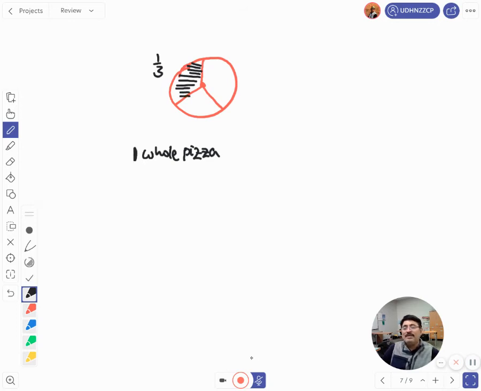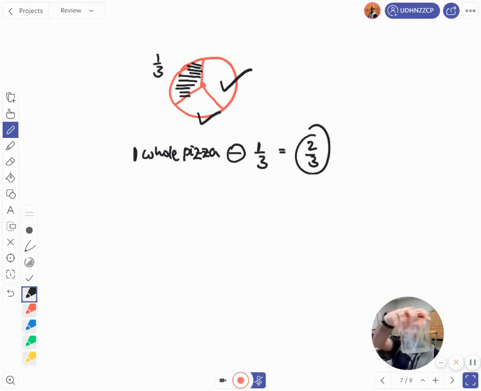From one whole pizza, if I take away one third, what will be left? It is simple: there is two-thirds of the pizza left, right? In the same way, from the whole, if I take away one third, because you know that volume of a cone is one third, can I say that two-thirds is left, right?